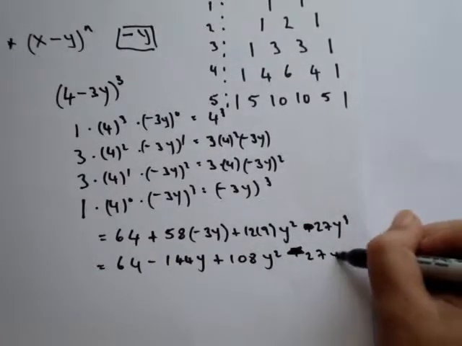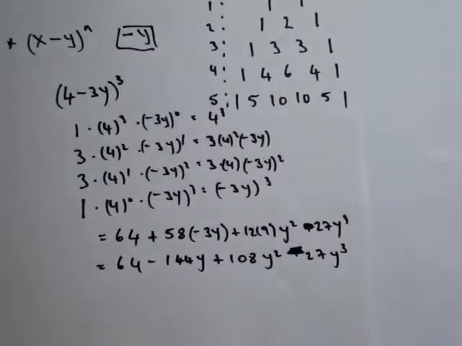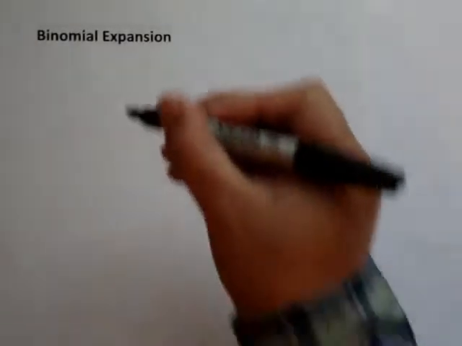Okay, another way of doing a binomial expansion when we can't use Pascal's triangle, or we don't want to use Pascal's triangle, is to use the nCr to find the coefficient.